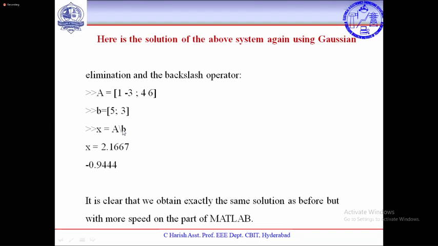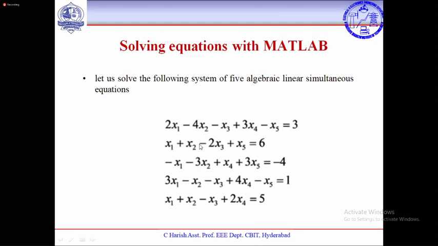When you execute, the computation time will be small when you use the backslash operator, because it uses the Gauss elimination method. We can obtain exactly the same solution as before, but with more speed in MATLAB. Now we'll have the same kind of example. Let us solve the following system of 5 algebraic simultaneous equations. Here 5 simultaneous equations are there.